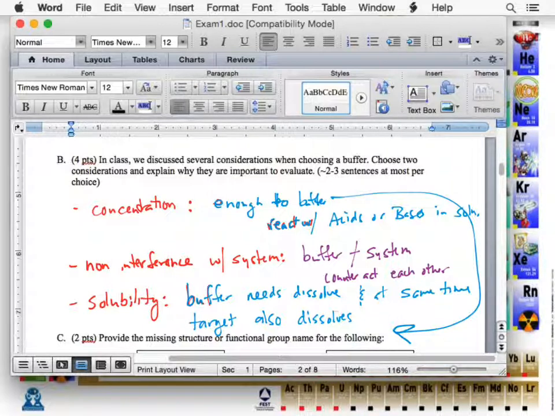Okay. Questions about that one? You'll notice also there's a statement of 2 to 3 sentences at most per choice. Okay. When you look at the keys, typically my keys are written as phrases just because I kind of assume you'll just fill in the paragraphs and make it a sentence. So you should write your explanations in complete sentences.